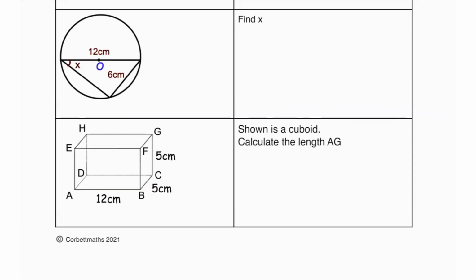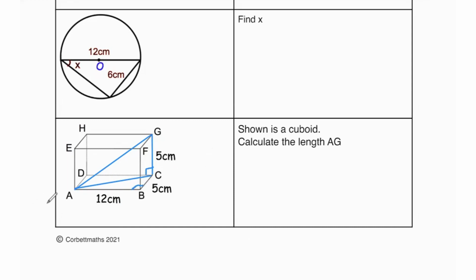The next question says that we have a cuboid. We have to calculate the length of AG. So this is AG. If we connect AC and GC as well, we can see that we have a right angle triangle over here. So first we begin with finding the value of AC. We have another right angle triangle over here in the base.